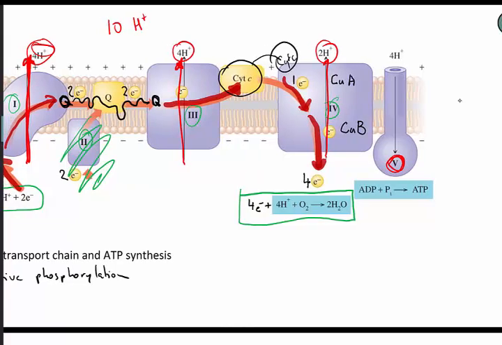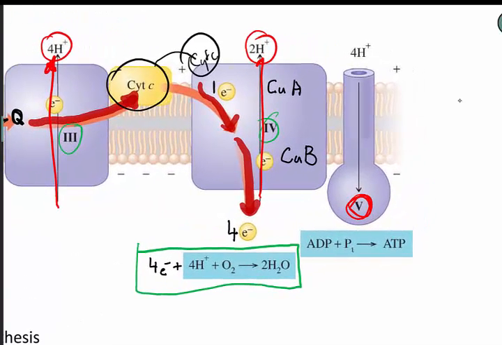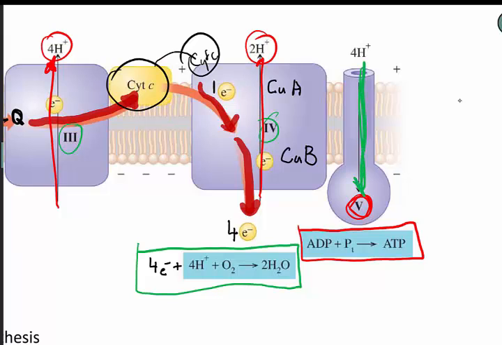And then there's one more complex, complex 5. Complex 5 runs a reaction that's uphill. This reaction is an uphill reaction. And in order to drive this, you have protons going down the gradient, 4 of them, and that's how you drive this reaction.